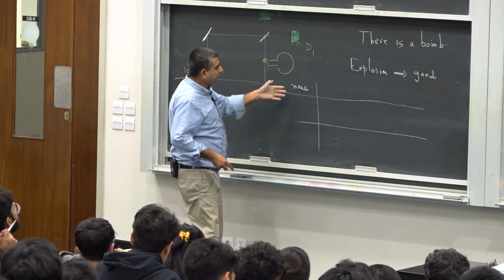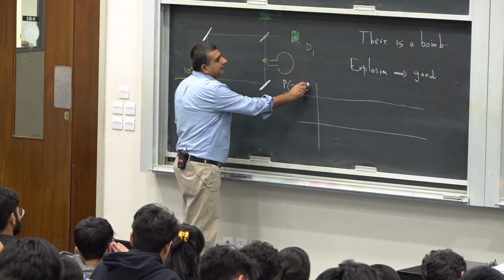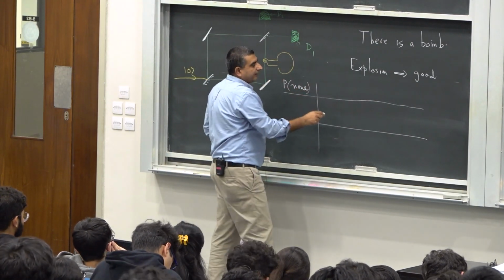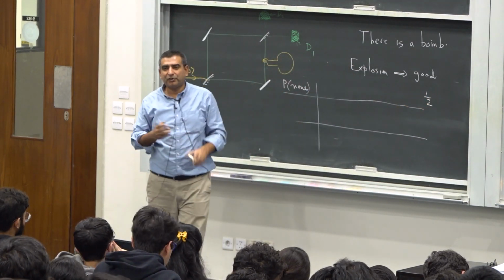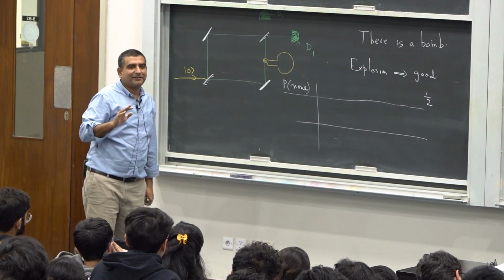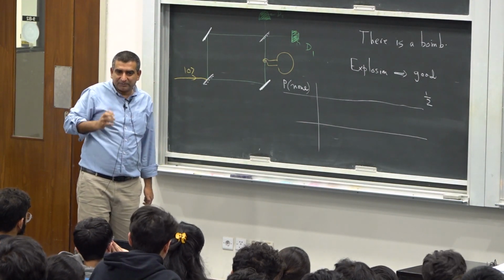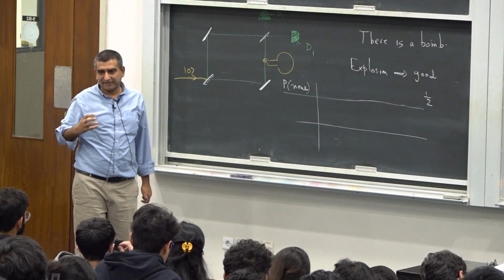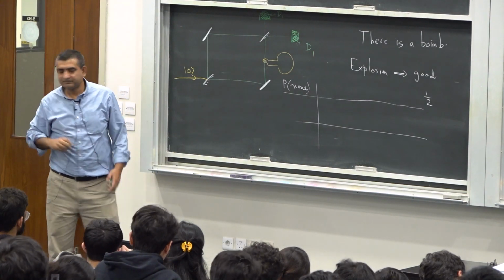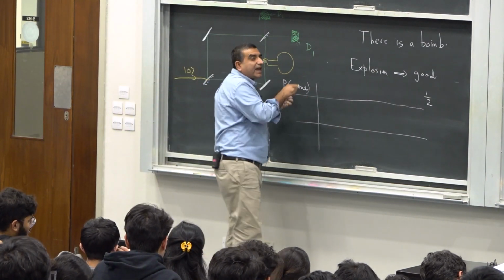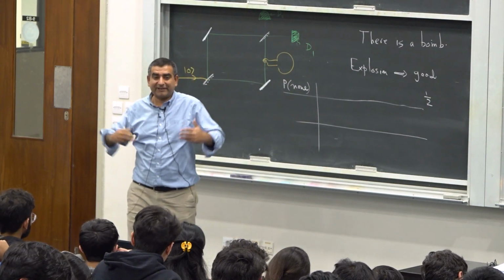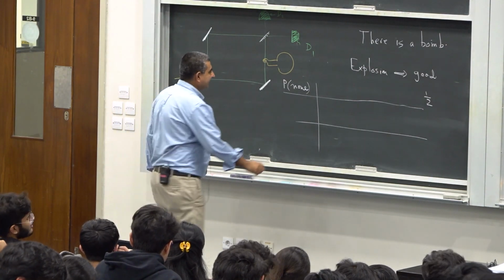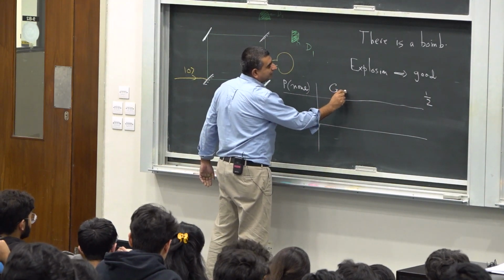So the probability that none of the detectors click is 1/2, 50%, and this is when we know that the bomb has absorbed the photon and an explosion has taken place, and therefore it is a good bomb.